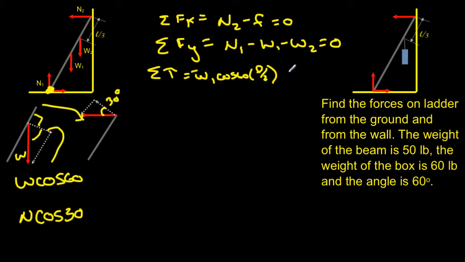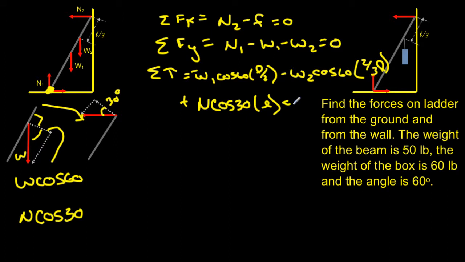And then we'll do the same thing for W2. It'll be exactly the same except it'll be cosine of 60 times 2/3 L. And then we have to add to that N cosine of 30 times L has to equal 0.